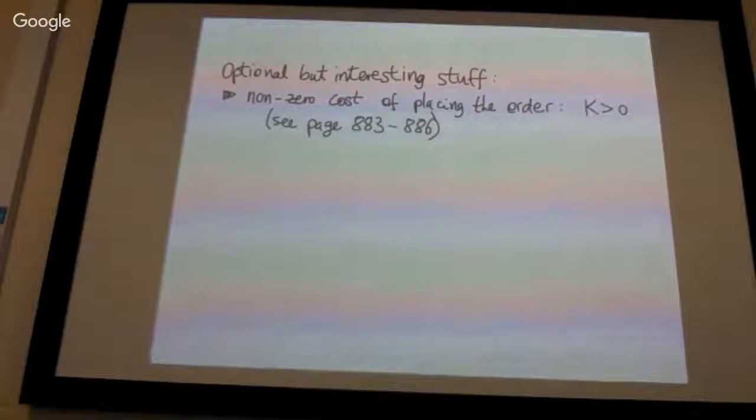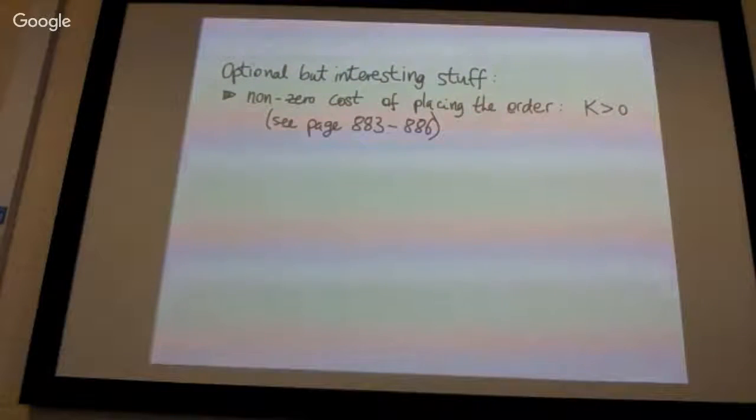Roughly, the optimal policy is you have two different S's, a small s and a big S. And the big S is similar to what we had before. So when you already have more than that, then you don't order anything.